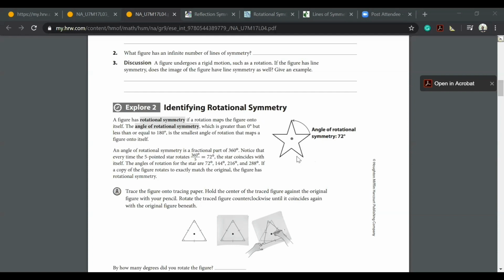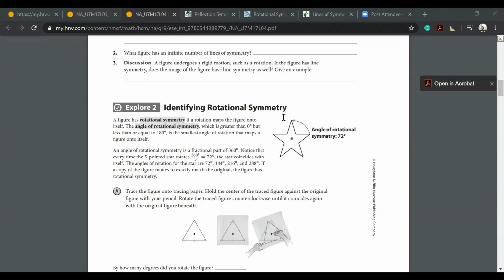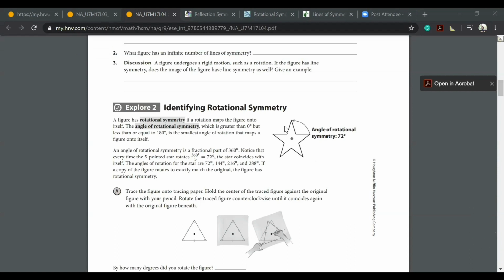All parts are actually the same. What if this star was not regular? If this part was larger than the others, will they have a rotational symmetry? Actually, no. Because when it rotates, the part that started large in here will be large in here, and then large there, and then large here. Is it rotational symmetry? No. For a rotational symmetry to happen, all parts should be equal.